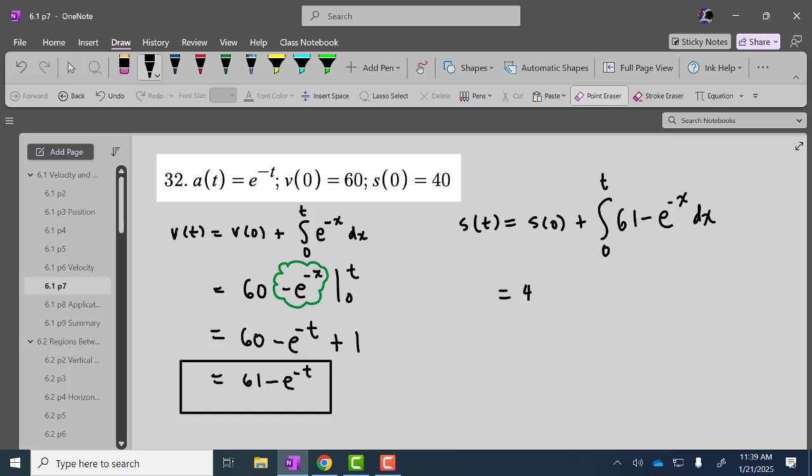Starting position is 40. And then we integrate here. The integral of 61 is 61x. All right, now we have that same type of antiderivative again, where we're going to use reverse chain rule. This exponent is linear, so we have to divide by negative 1, so we're going to get plus e to the minus x from 0 to t.